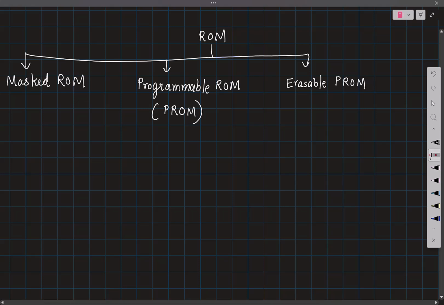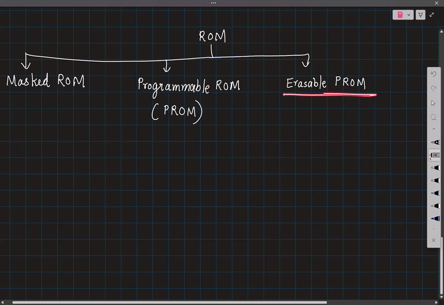So just to recap, in the masked ROM the data set is determined at the time of fabrication. It can be done only once. In the PROM the data set is determined after the fabrication process. You can put in the data set only once, because once the fuse is blown away, there is no way for you to get it back. Right? So once you make a zero at some location, it becomes a zero.